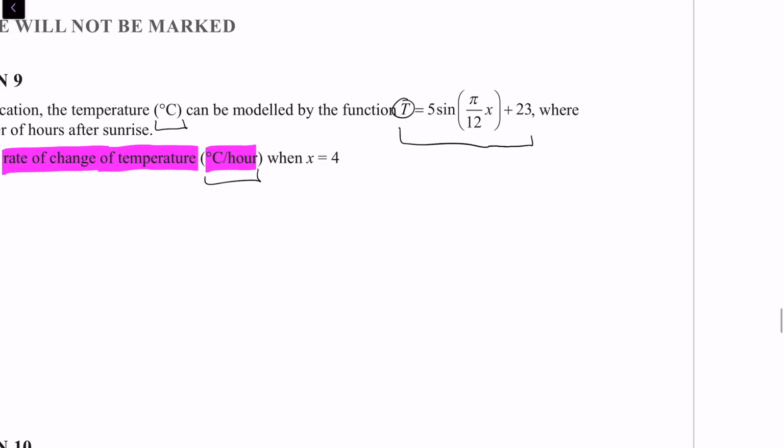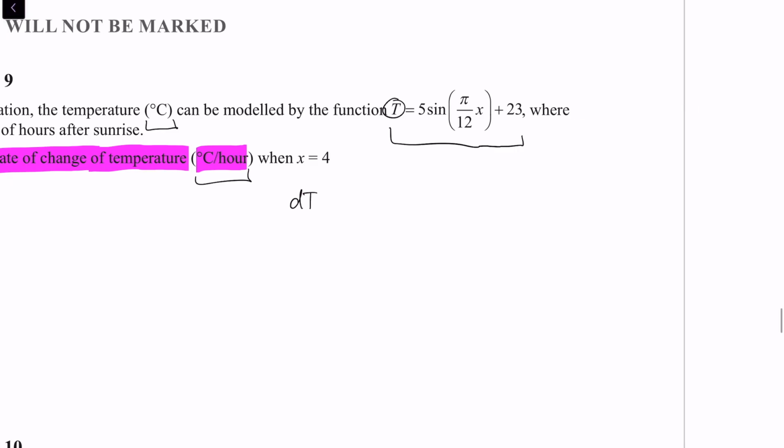Okay, so we know that dt over dx is going to be, for sine, when we differentiate, we just take the b value, pi over 12, out of the equation, so 5 pi over 12, and then change the sine to cos, and it's still going to be the same sign, so we're not changing it to negative or anything like that.